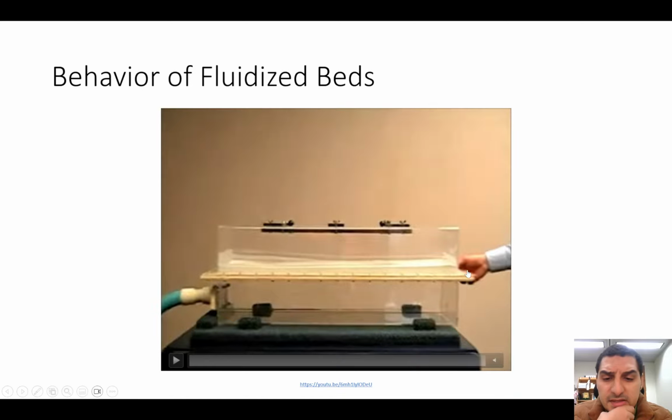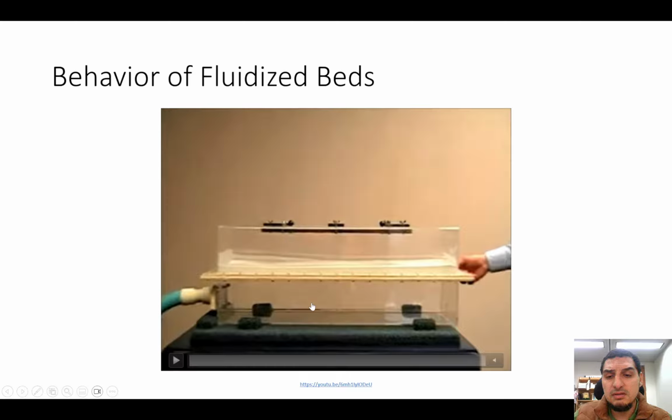It shows a very simple setup actually. It's just two transparent chambers. One of them is connected with a hose that is connected to a compressor, so it pushes air through this chamber. This chamber contains a bed of solid particles, like sand or any other solid particle, and the two chambers are separated by a solid sheet that has a very, very big number of small holes.